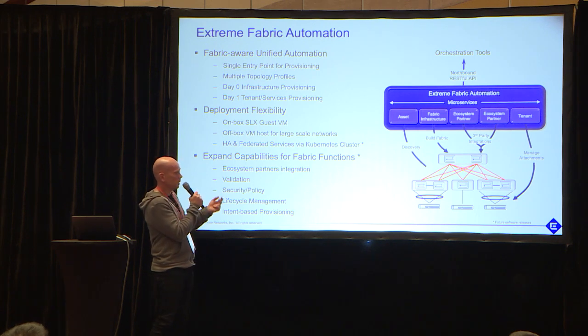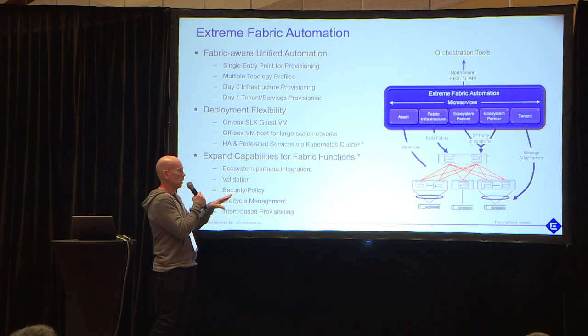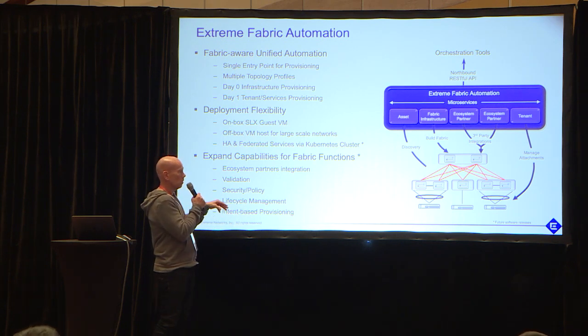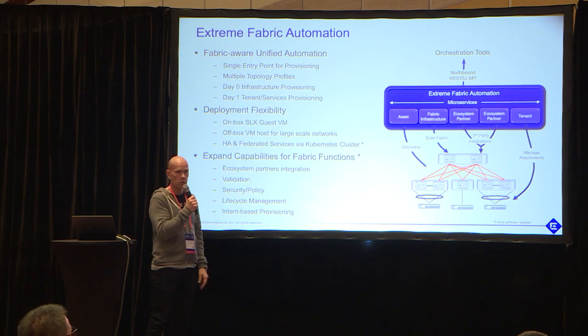Now, the asset service is discovery, so I'm going to discover my fabric as such. The fabric service is building the fabric, and the tenant service is mapping the attachment points to the services I have in the network or in the fabric. Now, you also have the integration to the ecosystems, as I was mentioning.